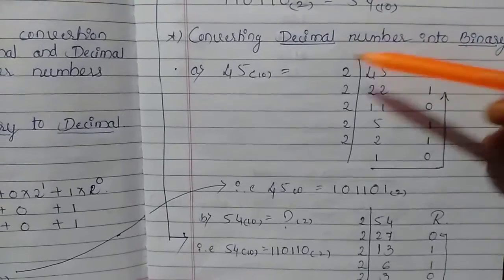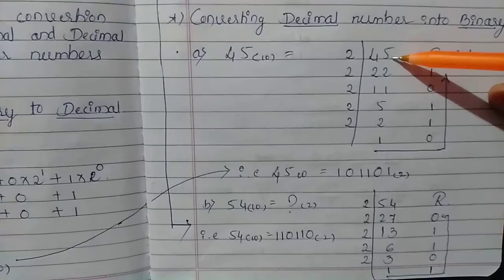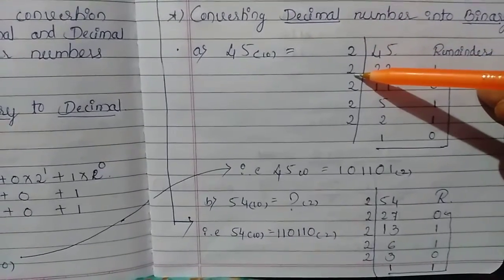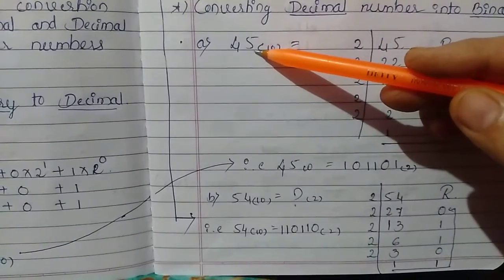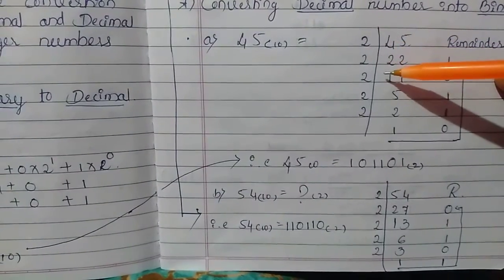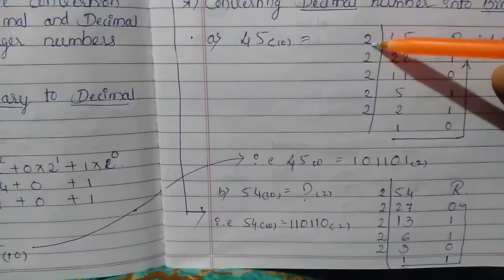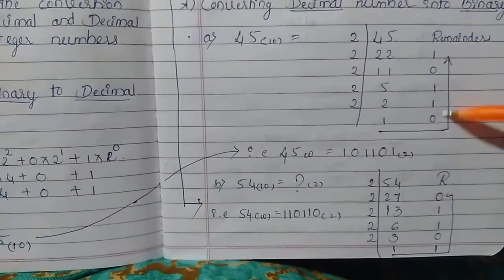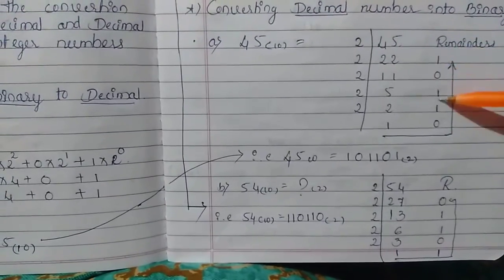To convert the decimal number system into its binary number system, divide this number by 2. Why 2? We need to convert this decimal number into its equal binary number system. So divide this number by 2, and write the remainder in this line right here.